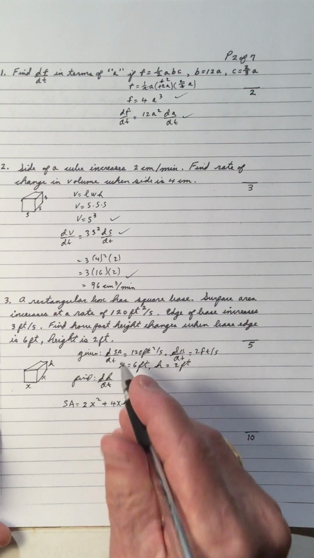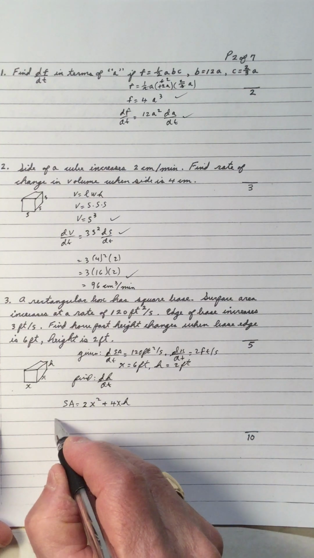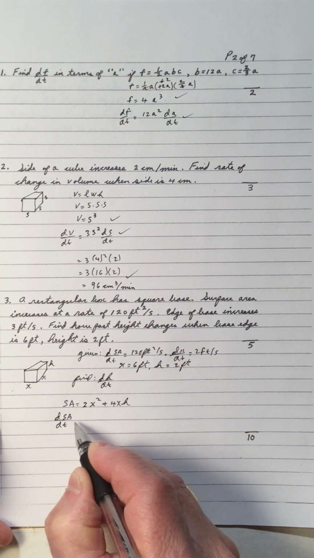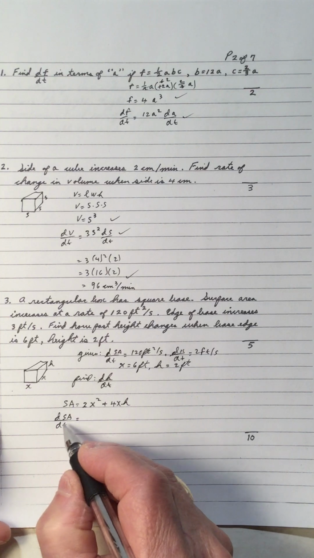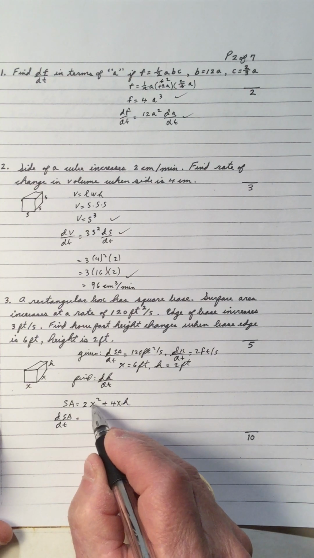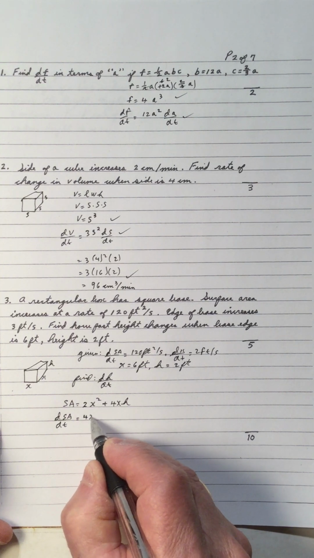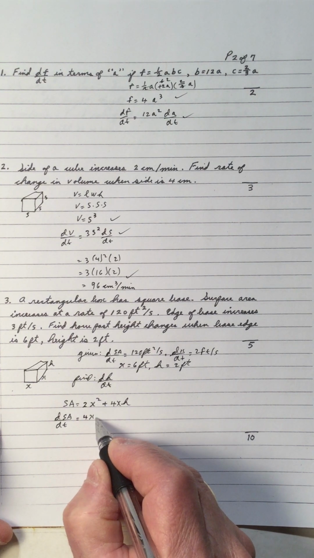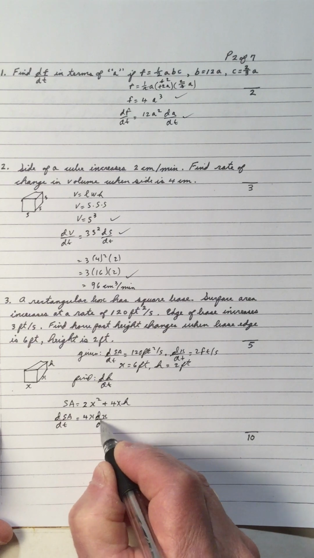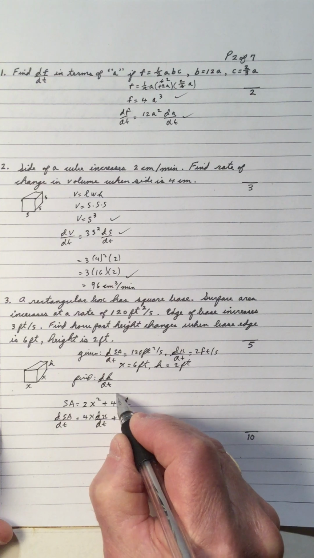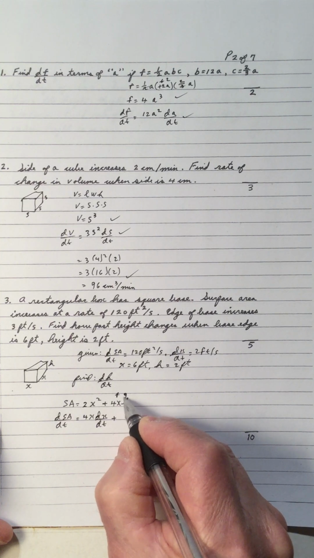So we have the derivative of surface area, dSA/dt equals the derivative of 2x squared in relation to t: 2 times 2 is 4, x, 2 decreases by 1, and we get dx/dt. Now we have a product here, so this is f and this is g.